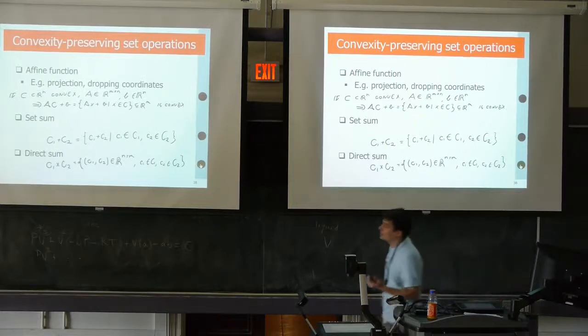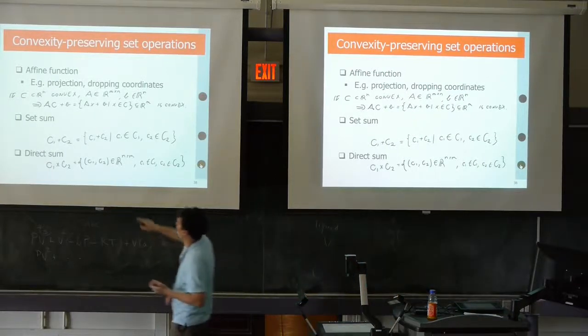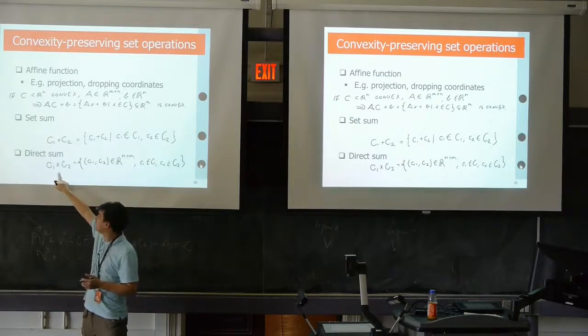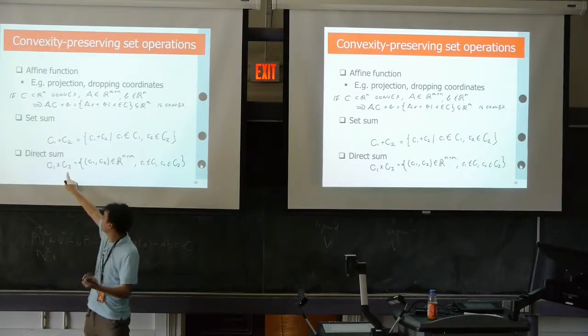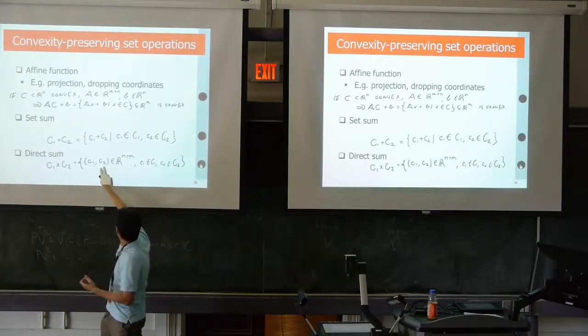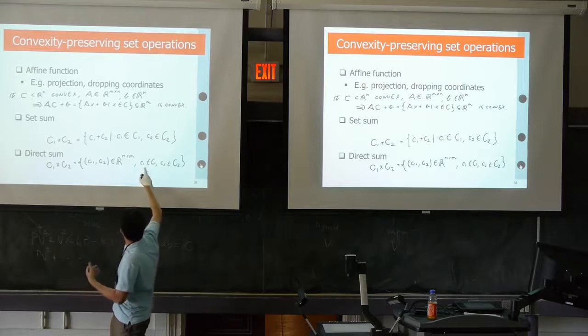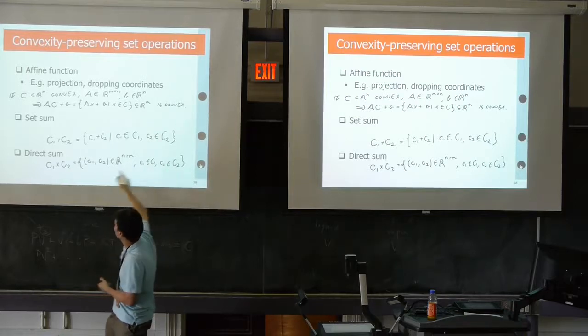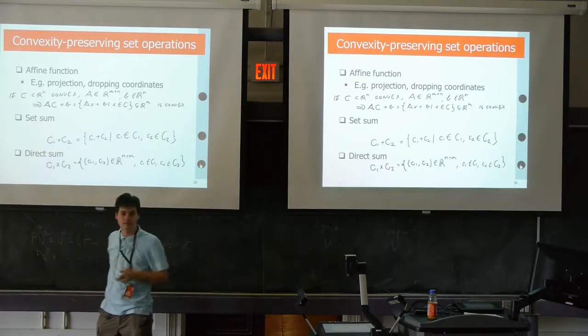And the direct sum, which is if C1 is an n-dimensional convex set, C2 is an m-dimensional convex set, then the direct sum will be an n plus m-dimensional set, where c1 is, again, all possible vectors from capital C1, c2 is all possible vectors from capital C2 convex set. So this is the direct sum, that's convex set as well.